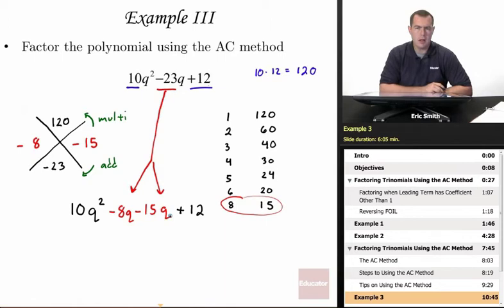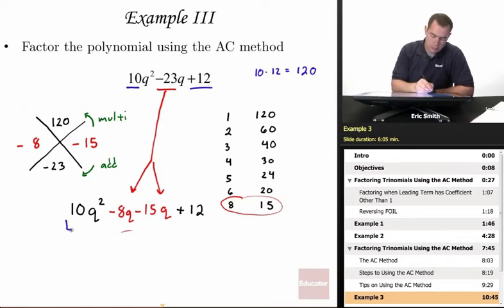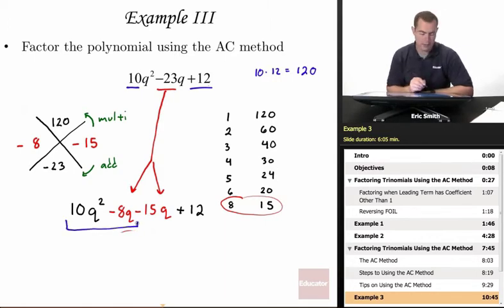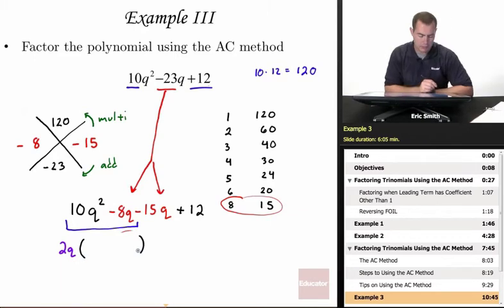Now notice how this new polynomial has 4 terms: 1, 2, 3, 4. I'm going to attack it using factor by grouping, which means I take these terms two at a time. Let's look at the first two and see what they have in common. Both are divisible by 2q. All right, let's see what we have left over in here.